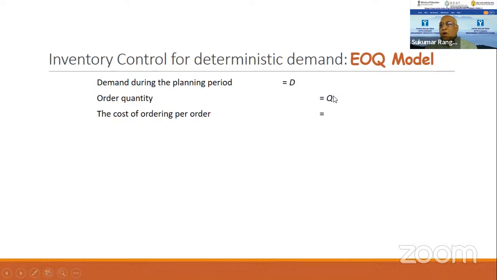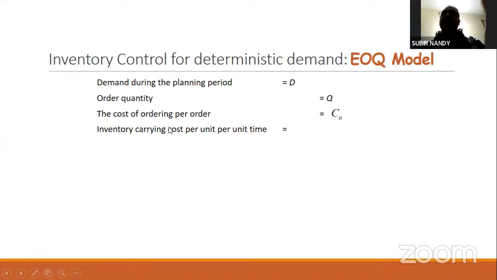The total order quantity, which comes from the material resource planning we saw initially for the year, is Q. Then the cost of the order and the inventory carrying cost per unit time frame: the cost of order, let us say, is CO. Inventory carrying cost is CC.